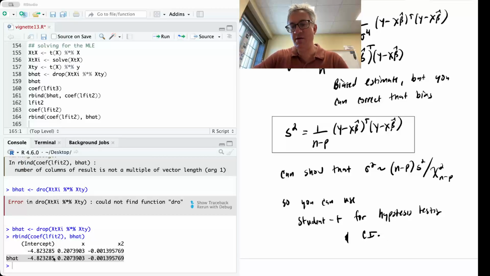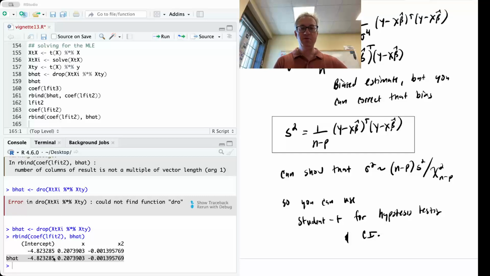Those are estimate minus want to know divided by standard error for the test, with a t distribution and n minus p degrees of freedom, or for confidence intervals, it's estimate plus or minus student t quantile times standard error.